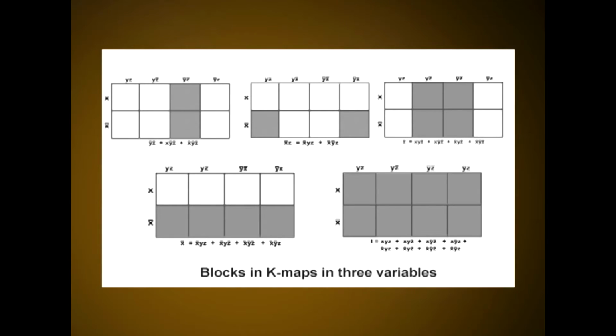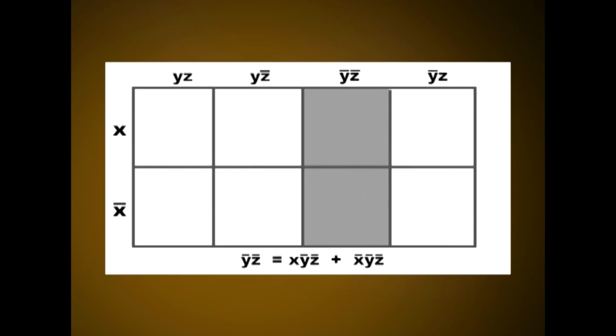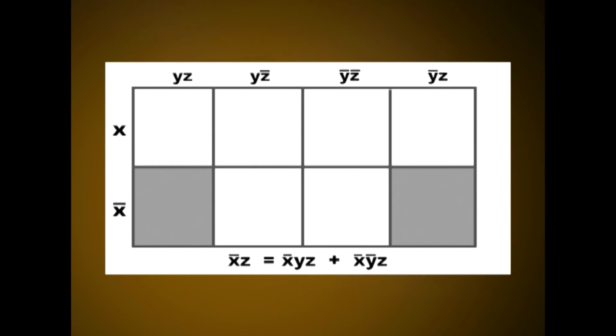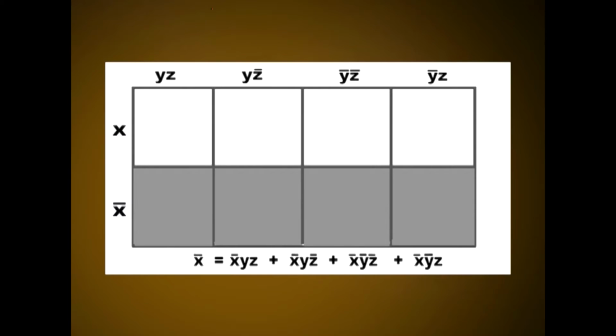In figure 9, 1 by 2, 2 by 1, 2 by 2, 4 by 1 and 4 by 2 blocks and the products they represent are shown. In figure 9, you can see the blocks in K-maps in 3 variables.